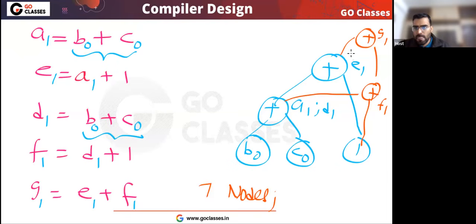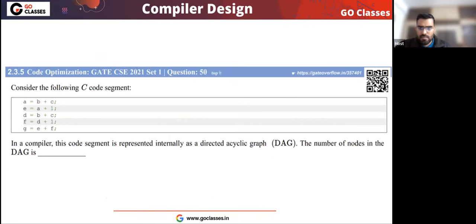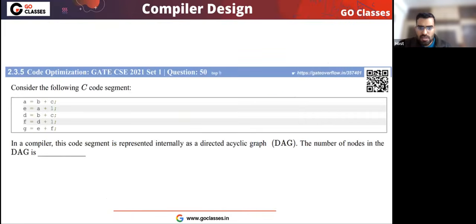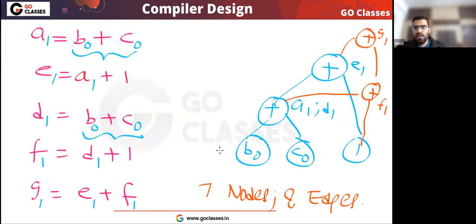And how many edges? 1, 2, 3, 4, 5, 6, 7, 8. Eight edges. Seven nodes, eight edges. In this question, the number of nodes will be 7. Is this clear to everyone?